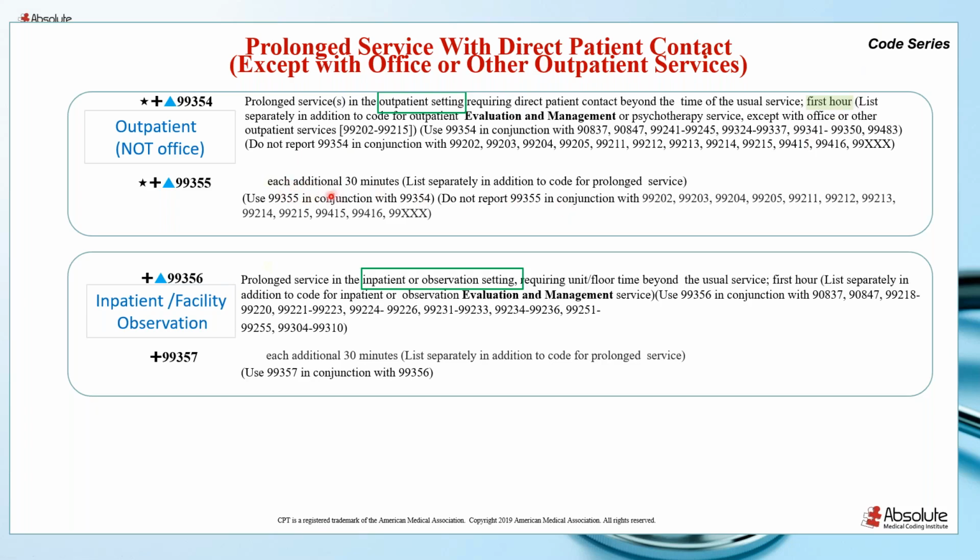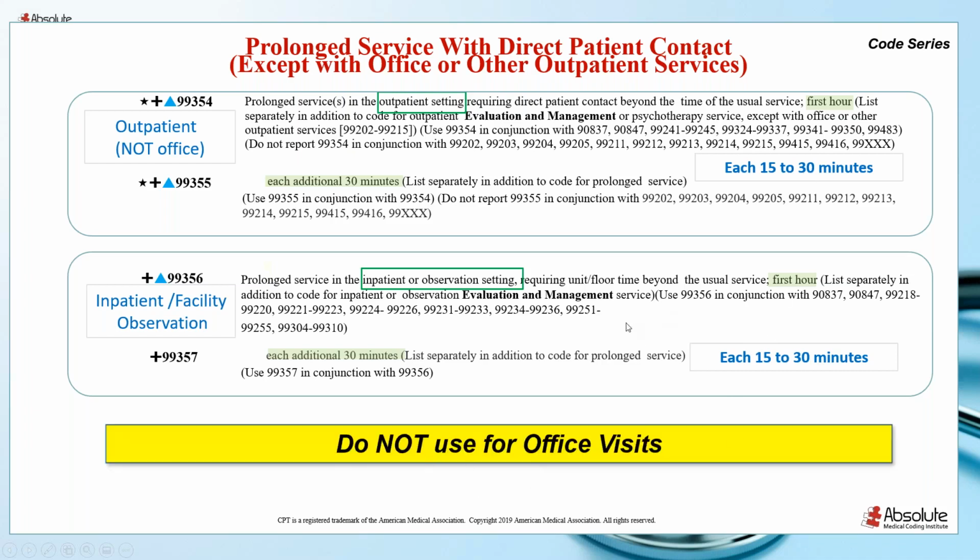The second code is for each additional 30 minutes, but if you read the guidelines really carefully, they really mean you can use this code for each 15 to 30 minutes. If you want to go ahead and jot that down in your book, you don't have to do it now. Just watch the playback because I know this is a lot of information. And do not use any of these codes for office visits.